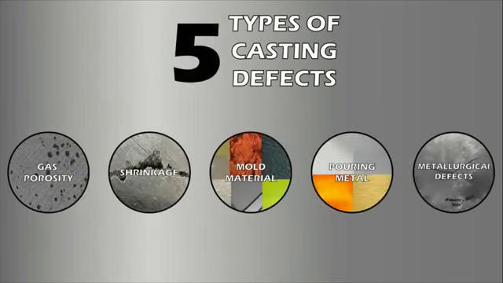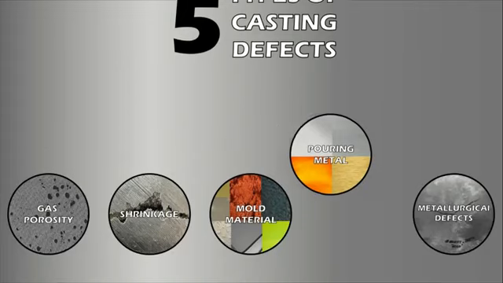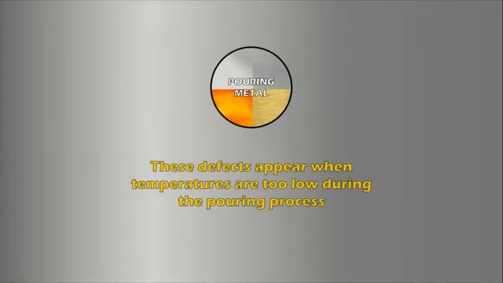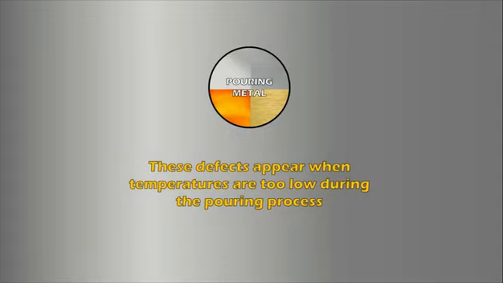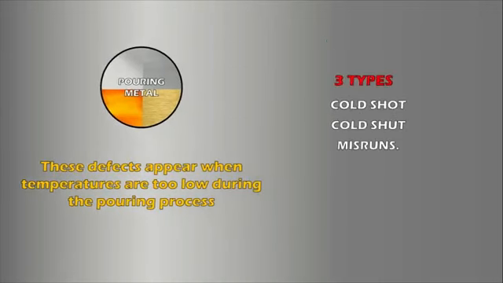Now, pouring metal defects. As opposed to many of the other defects, these defects appear when temperatures are too low during the pouring process. They fall into 3 categories. They are cold shot, cold shut, and misruns. How to prevent pouring metal defects.